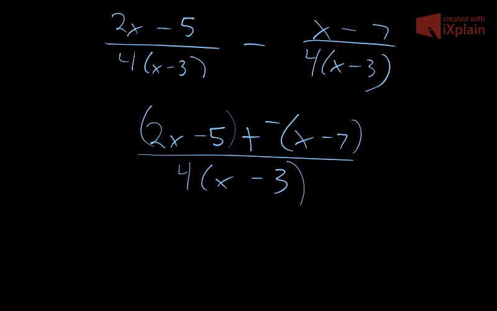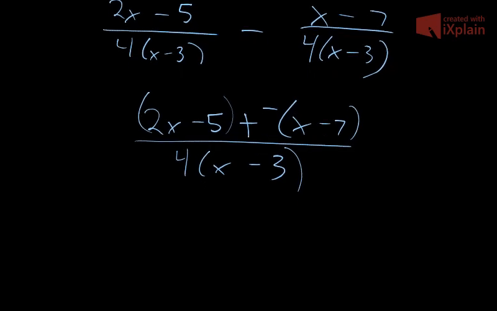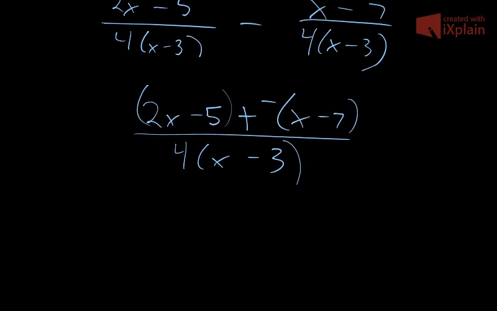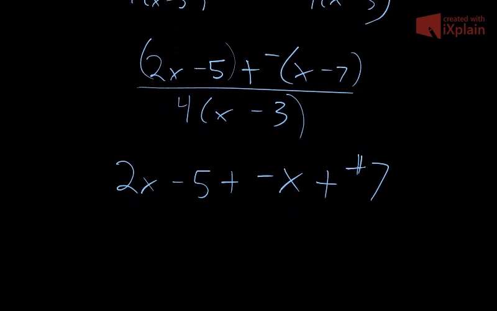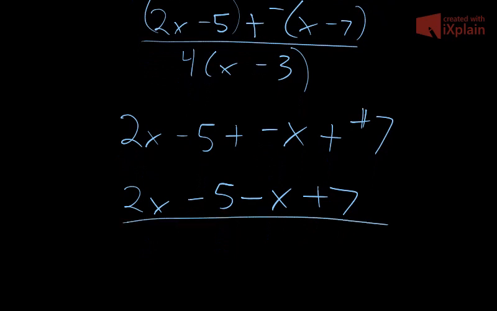That'd be the easiest way to do this. As per normal, I don't like subtraction. I'm going to make that plus a negative. And now I can distribute my negative, and I get 2x minus 10 plus negative x minus negative 7. Minus negative 7 is the same as plus positive 7. So I'm going to end up with 2x minus 10 minus x plus 7. That's just the top. I still have the 4(x minus 3) on bottom.